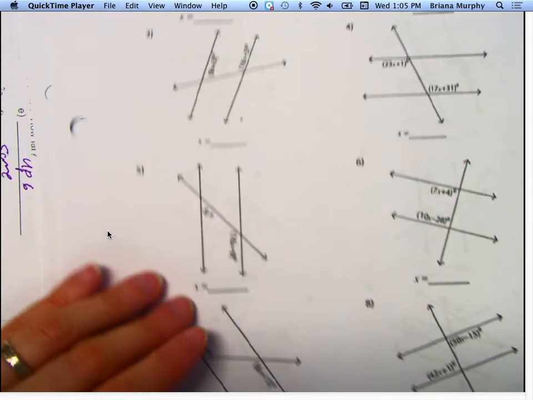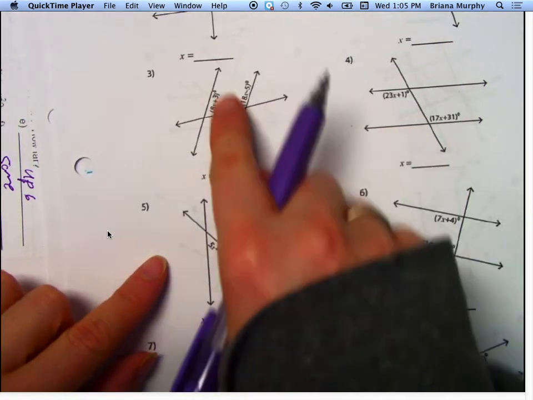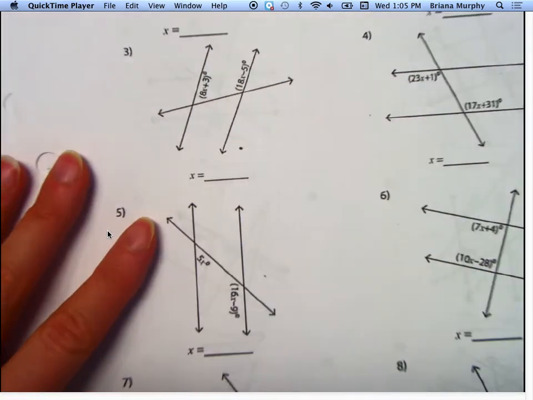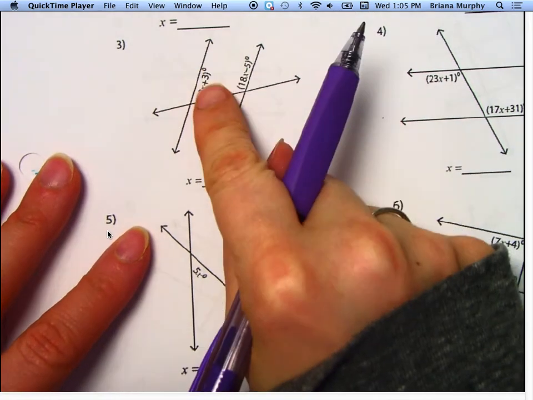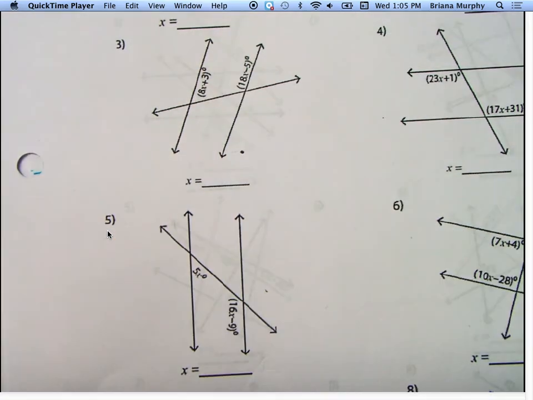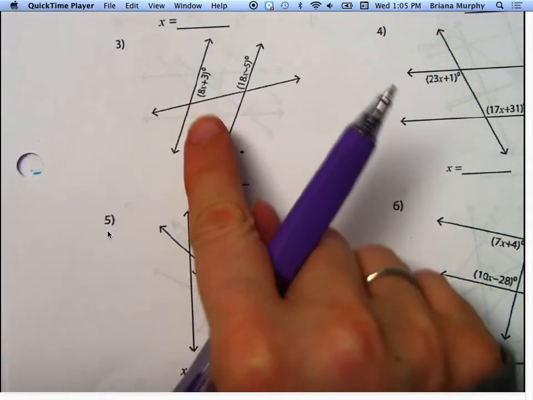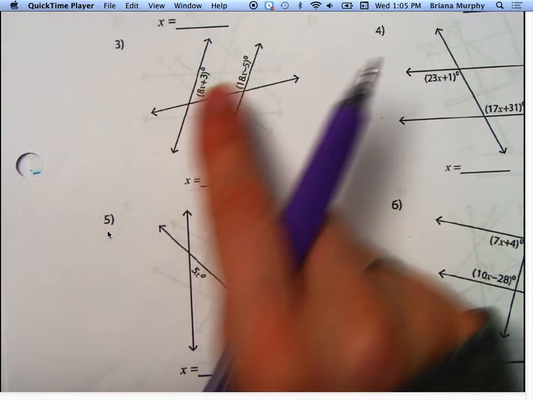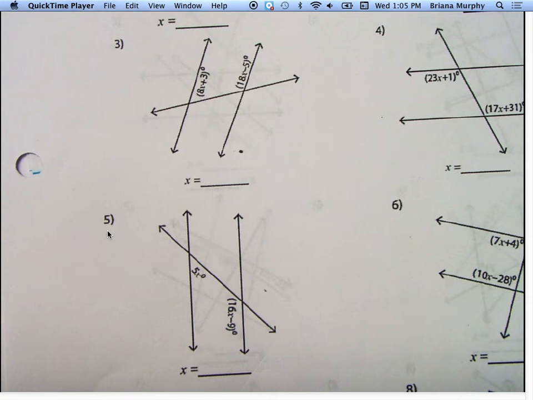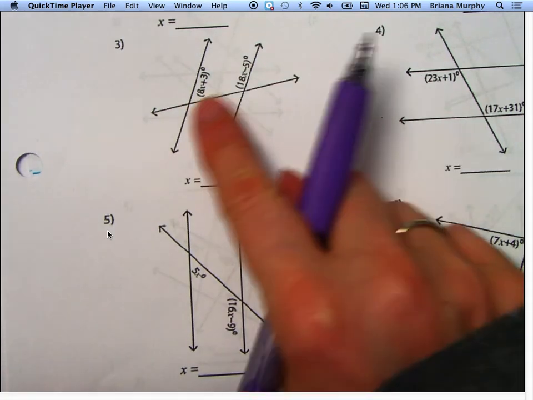Okay, so let's look at like number 3. What are these two things in number 3? Are they same side interior, alternate exterior, corresponding, vertical angles, linear pair? What do you think? Same side interior, right? Because they're on the same side of the transversal.